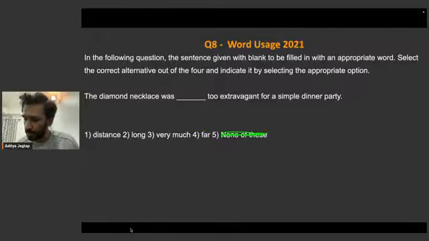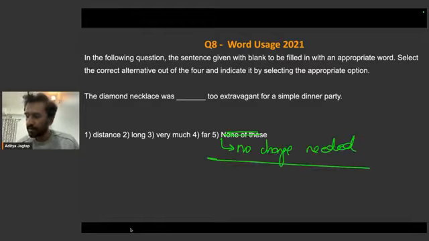But the problem is, 5 is saying none of these. 5 is not saying no change needed. Some exams give this option of no change needed. Matlab, you don't need to make any change. That option is not presented here.